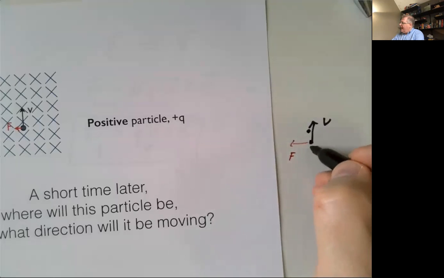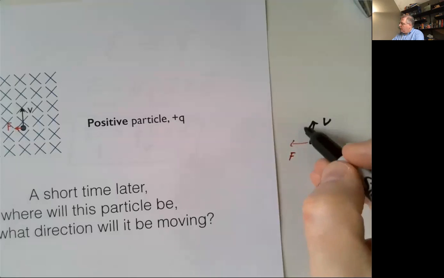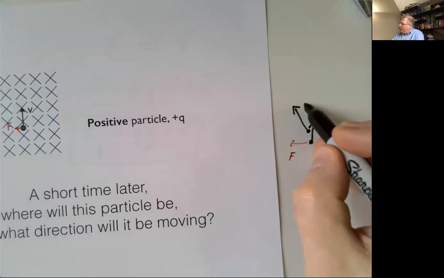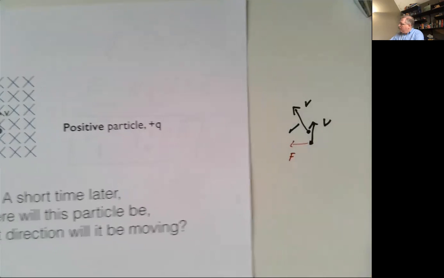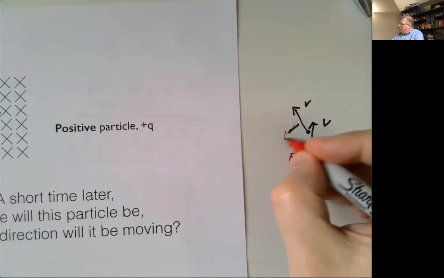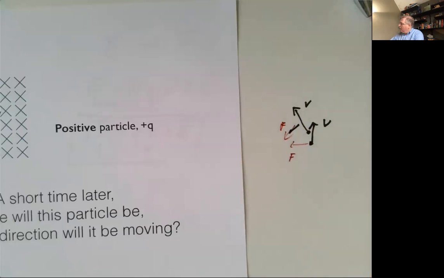Now, it's had a force act on its velocity. So which direction is the velocity now? Yeah, the velocity is going to be that way, and I'll use a different color. The force will be on it that way, right?